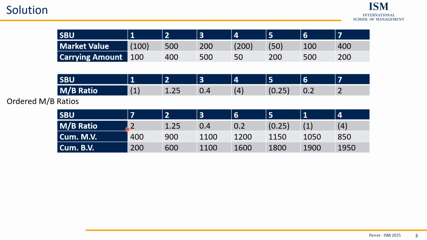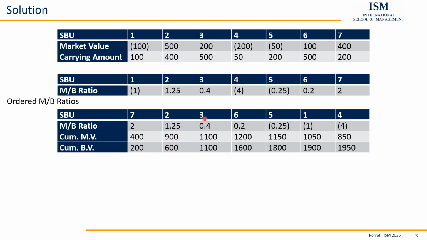And for each of those, I also consider the respective market and book values, but now I'm going to calculate cumulated market and book values. So I start with the values for business unit 7, so 400 and 200. Then I'm going to add market and book values for unit 2. So I'm going to add 500 and 400, giving me 900 and 600.